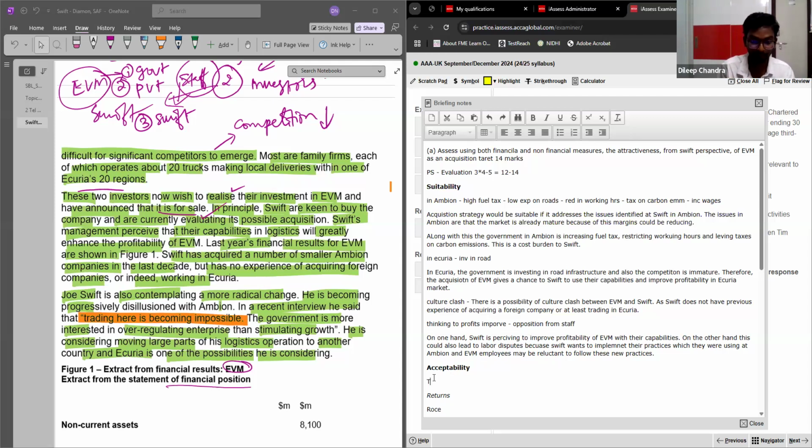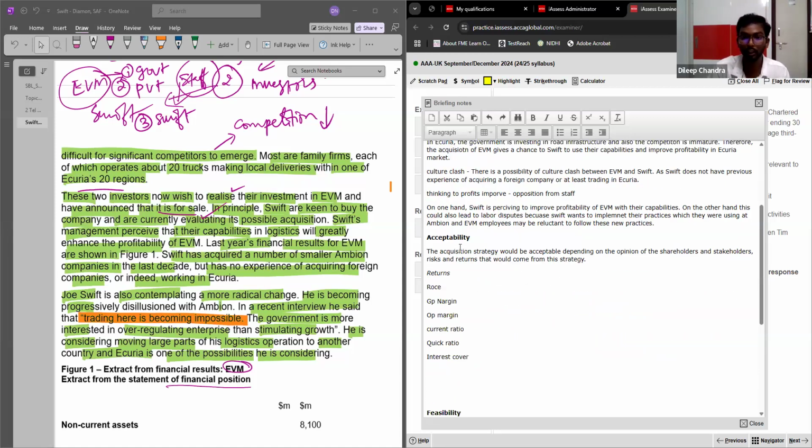The acquisition strategy would be acceptable depending on the opinion of the shareholders and stakeholders, depending on the risks and returns that would come from this strategy. So it is a basic kind of introduction.